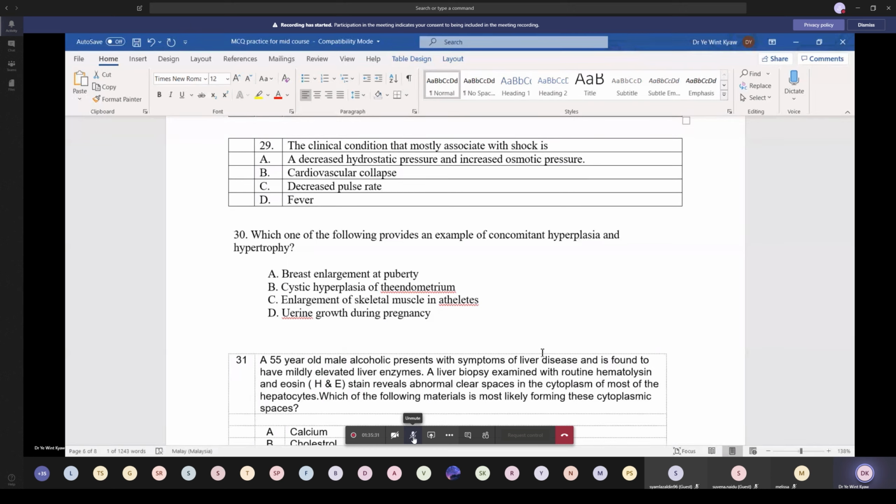Is it B, doctor? Yeah, B. B is correct. Generally shock is cardiovascular collapse only, meaning their cardiac output will reduce. Hypotension, increased pulse rate. This is generally what it shows.